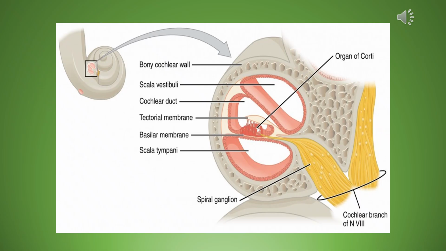Well, we have membranes that separate those three fluid-filled chambers. If a sound is made, which is compressed air molecules hammering against the eardrum, creating waves in the fluid inside these chambers, well, it's going to cause the membranes to move.